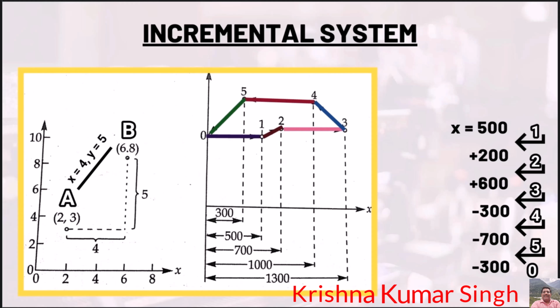The main advantage of this system is that inspection of the program is simple, because the sum of commands for each axis must be 0. A non-zero sum indicates an error. Also, mirror image programming is easy. It involves only the change of the signs of the commands.